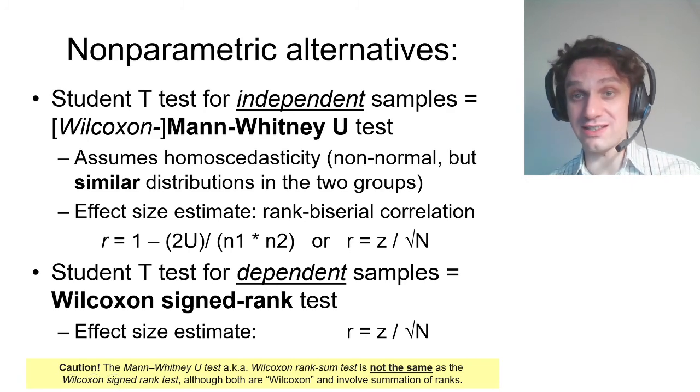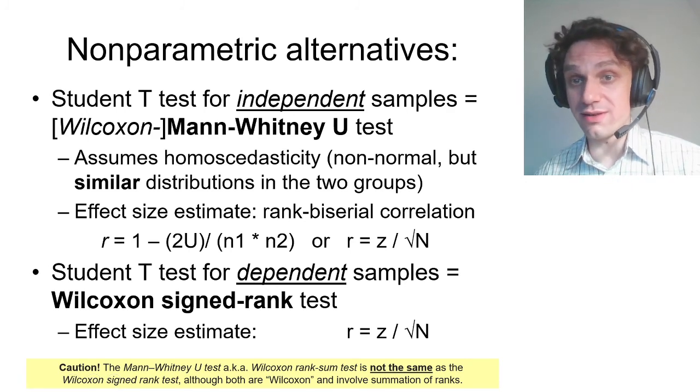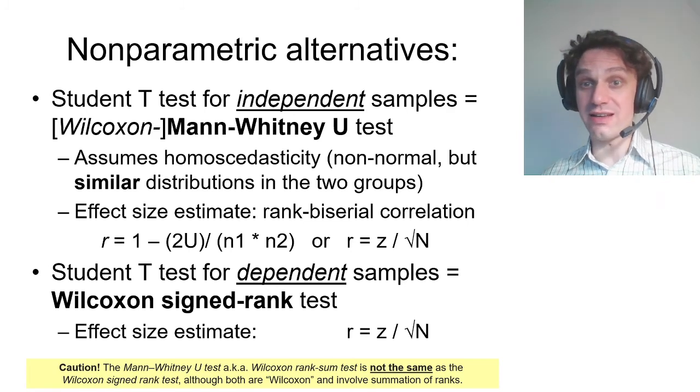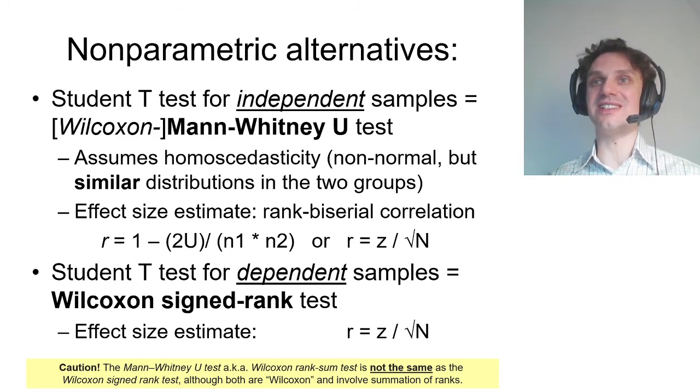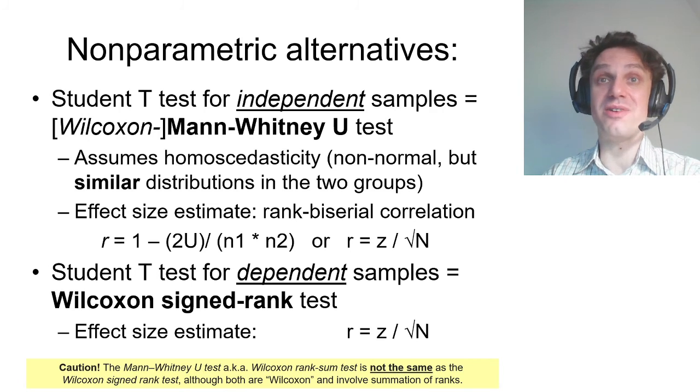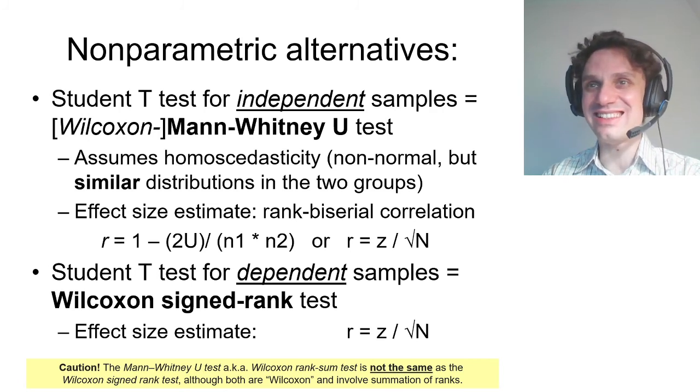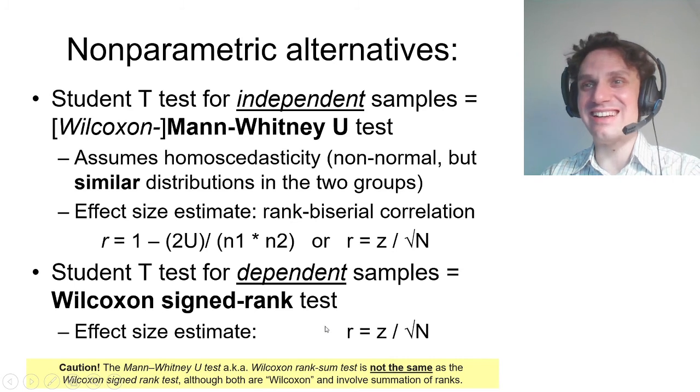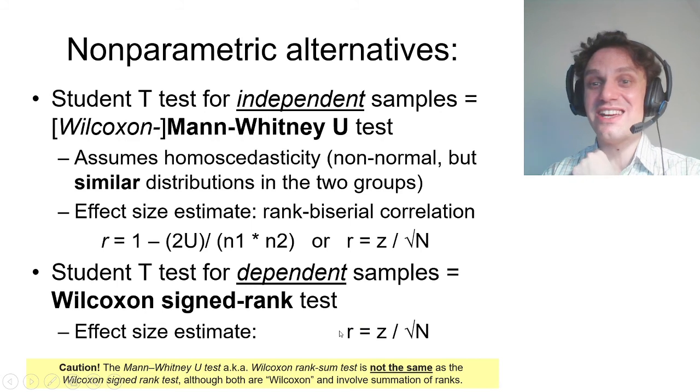And you can convert this R to D or convert your Cohen's d to R, and this way you can compare the results of different tests, parametric and non-parametric ones. The only tricky point is that this is an estimate. So this effect size might be much higher than the D you would calculate by hand from mean and standard deviation.